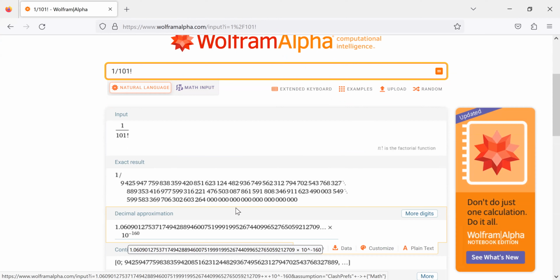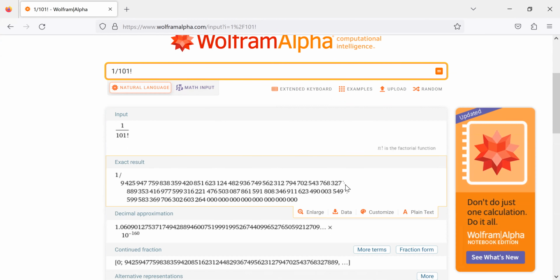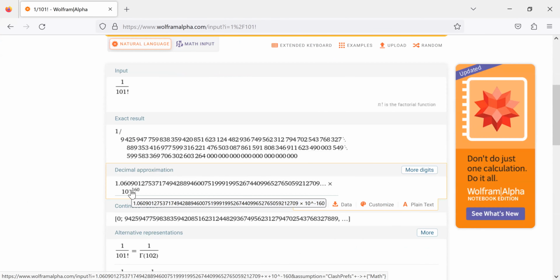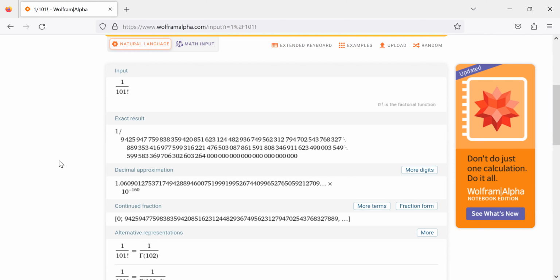It doesn't, and again, we have no idea what this notation is. It doesn't round it to 0, but it does tell us that this is 0 point, and then we have 160 zeros before we have a 1. That's significantly smaller than if you were measuring molecules or atoms in centimeters. It's an unimaginably small number.